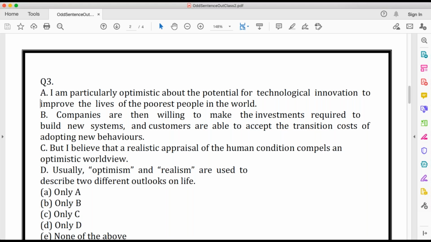The correct answer for this question is option number B. Sentence number B is the odd sentence out over here.